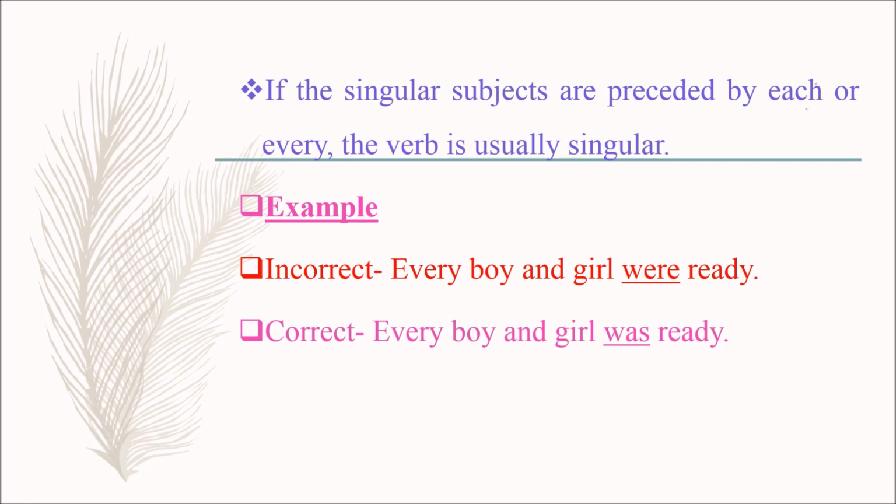Because the rule is, if the singular subjects are preceded, here preceded means come before, by each or every, the verb is usually singular. Here boy and girl are two singular subjects preceded by every, so we have to add the singular verb was to it. So the correct sentence is: every boy and girl was ready.